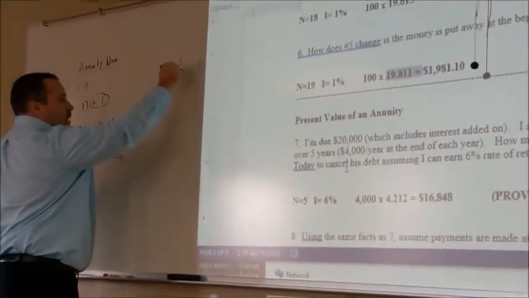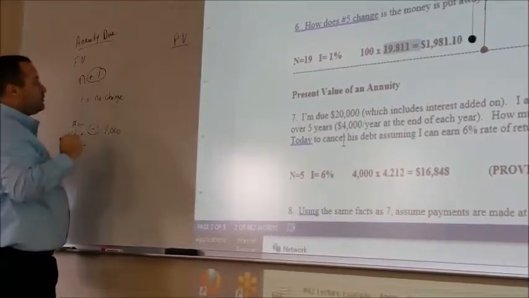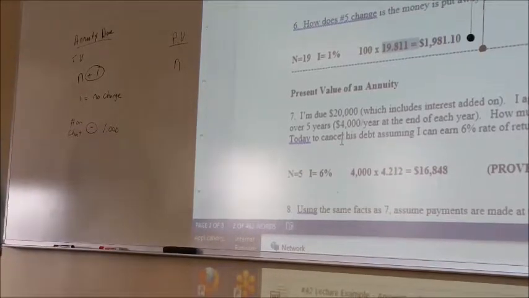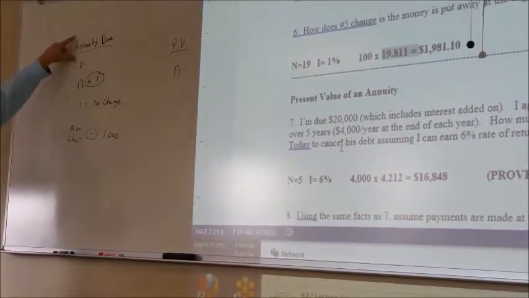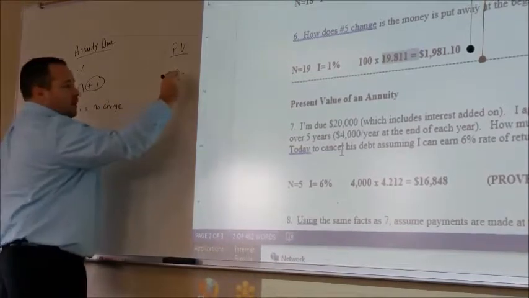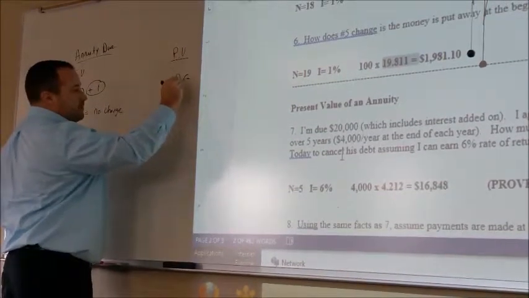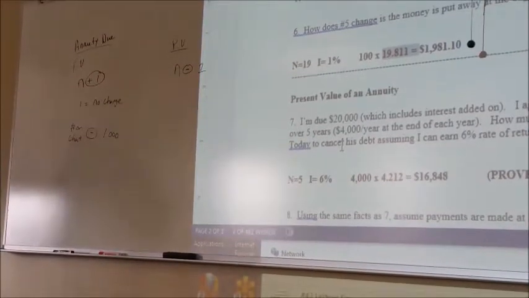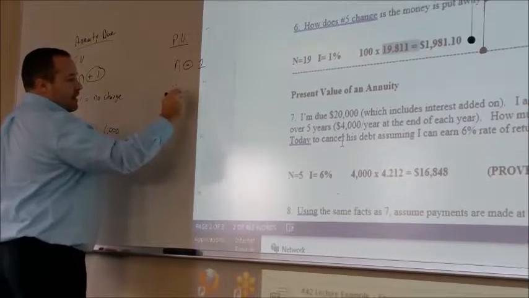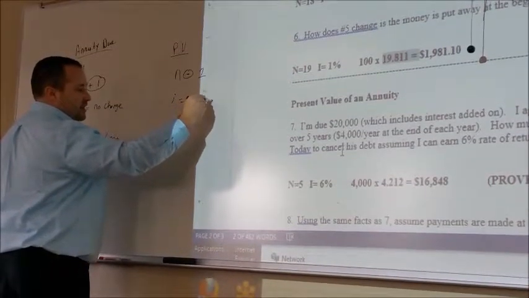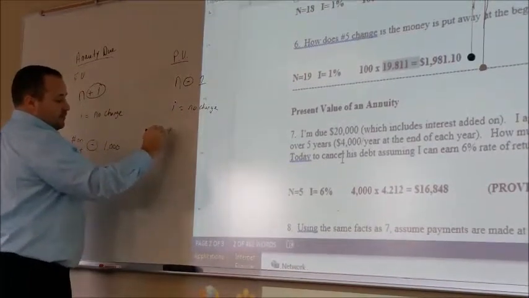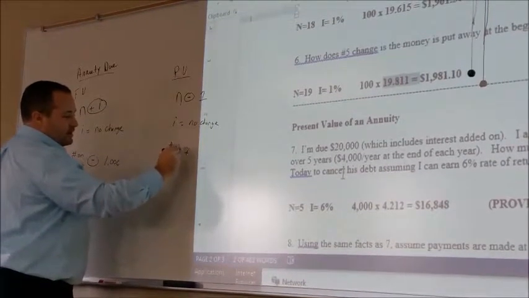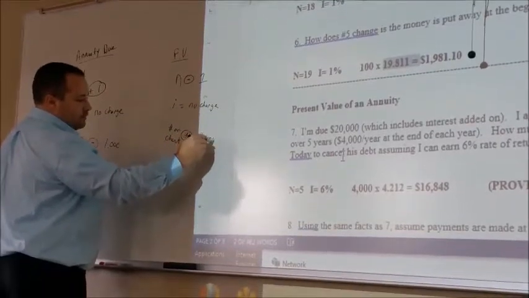When it's annuity due and its present value, on your present value chart at the bottom, I would put, if it's an annuity due, whatever your N is, subtract 1, just the opposite. Whatever your I is, no change.